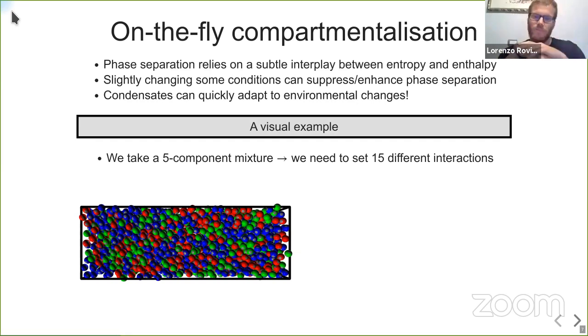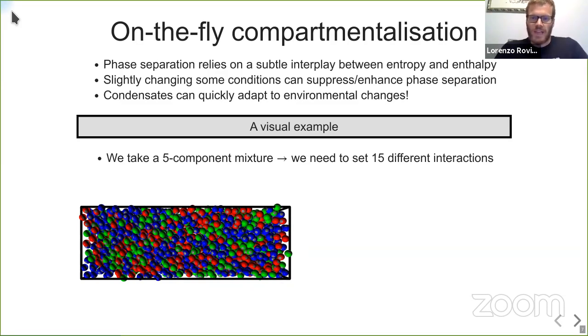So I'll show you a qualitative example. Here is a snapshot of a simulation with 5 types of particles. I'm showing you 3 colors because there are 4 species that interact with each other strongly, so I colored those the same color.